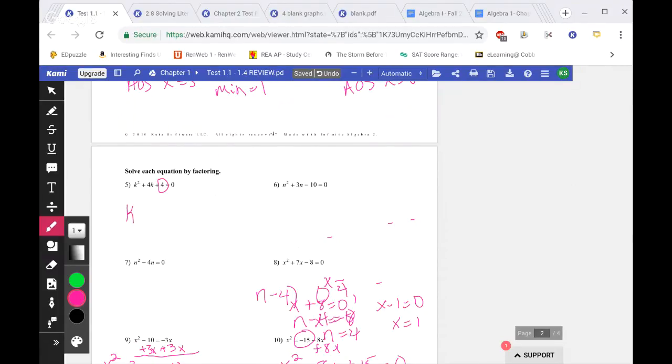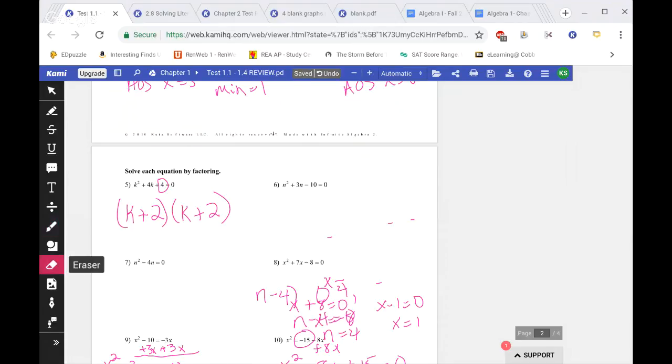And that's going to be k plus 2 and k plus 2. Because 2 times 2 is 4, and then 2k plus 2k would be 4. So that one was pretty easy.